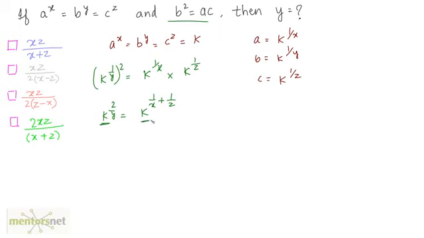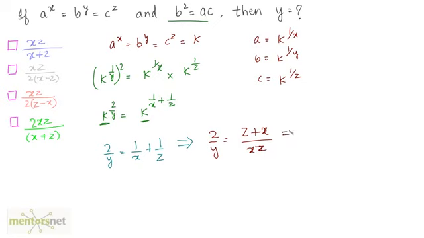Now these values are same, so I can equate the powers. So I can write 2 by y is equals to 1 by x plus 1 by z, and that can be simplified to 2 by y is equals to z plus x upon xz.